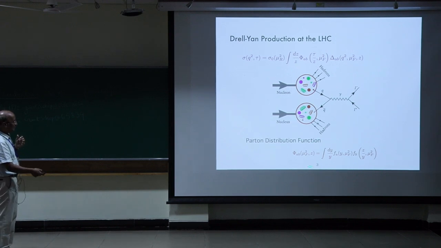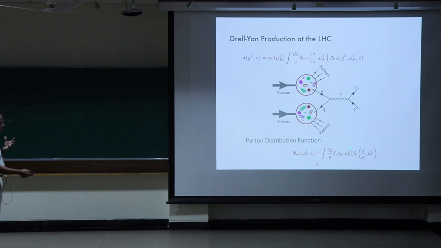The flux is defined by this. It's a combination of two PDFs, parton distribution functions, which basically parameterize the probability densities of the partons, quarks and gluons, in the proton at a given energy and given momentum fraction. That's how the flux is defined.